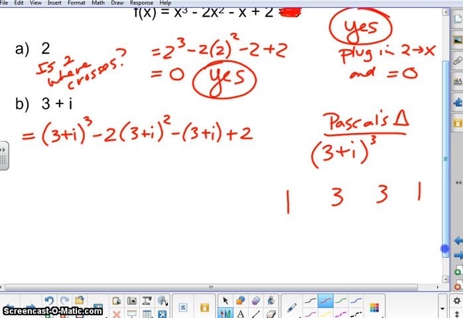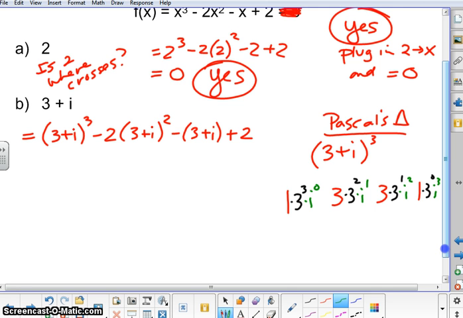Okay, and then I'm going to change some colors here. And we take 3 and cube it, 3 and square it, 3 to the first power, and 3 to the 0 power. Okay, and then for the next one, we know that i starts at 0, so we're just going to multiply it: i to the first, i to the second, and then finally i to the third.